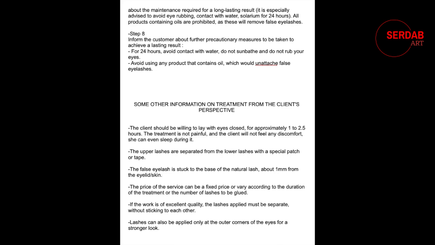Next, the eyelashes are separated from the lower and upper eyelids with tape or a special patch, as we have spoken about. There can be gel patches, like a scotch, let's say, which you separate into a couple of pieces, 2 or 3, to adapt to the shape of the eye when you glue them.